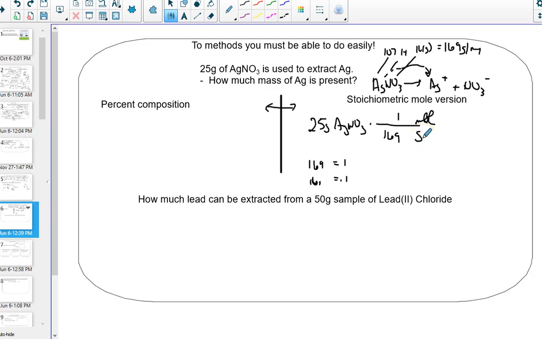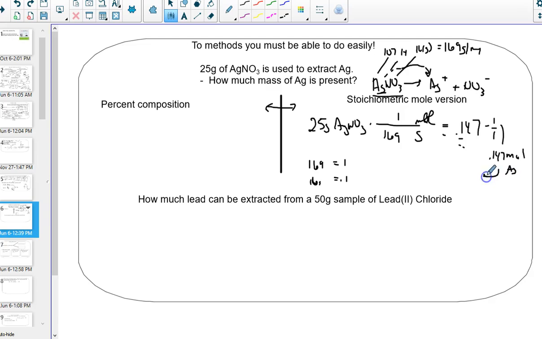So 25 divided by 169 is 0.147. Notice, a little more than a tenth. And then at this point, this is a 1-to-1 ratio to the silver nitrate, which is 0.147 moles of Ag.